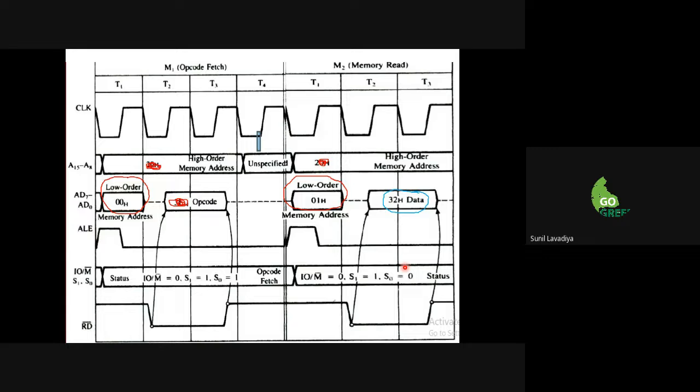Suman, is it clear? Yes, yes sir. Clear. Okay, very good.